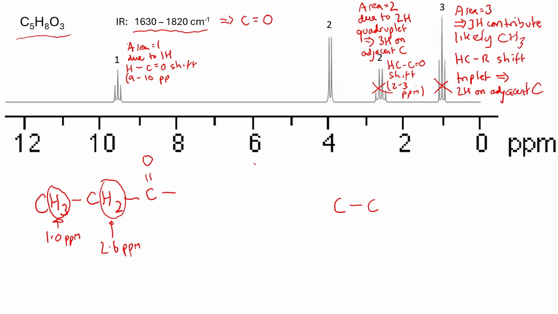Make sure that you're very clear about the difference between HCCO, which we had here between 2 to 3 ppm, and HCO. So HCCO means you have hydrogen bonded to a carbon, and then that carbon is bonded to another carbon, and then that one has the oxygen attached. So it's HCCO.